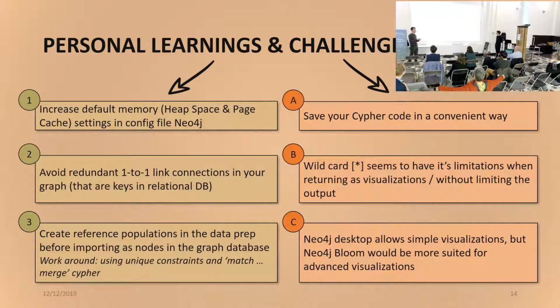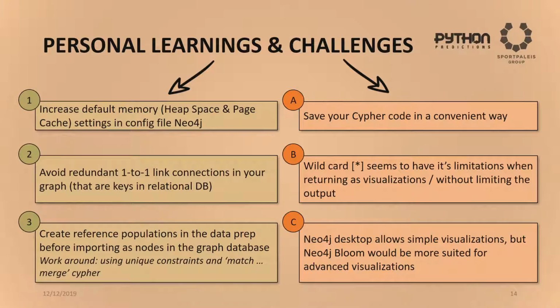B was with the wildcard. I was really triggered by the wildcard concept of Neo4j. So maybe it was too ambitious, but I started with, okay, let's just try everything, just a wildcard, and poof, see what will result. But if you don't limit the output to the first 10 records or the first 20 solutions, I understood that it looks through the complete graph for all the possible solutions, and we also wanted to have it in a visualization immediately in Neo4j Desktop, so it exploded quite fast.